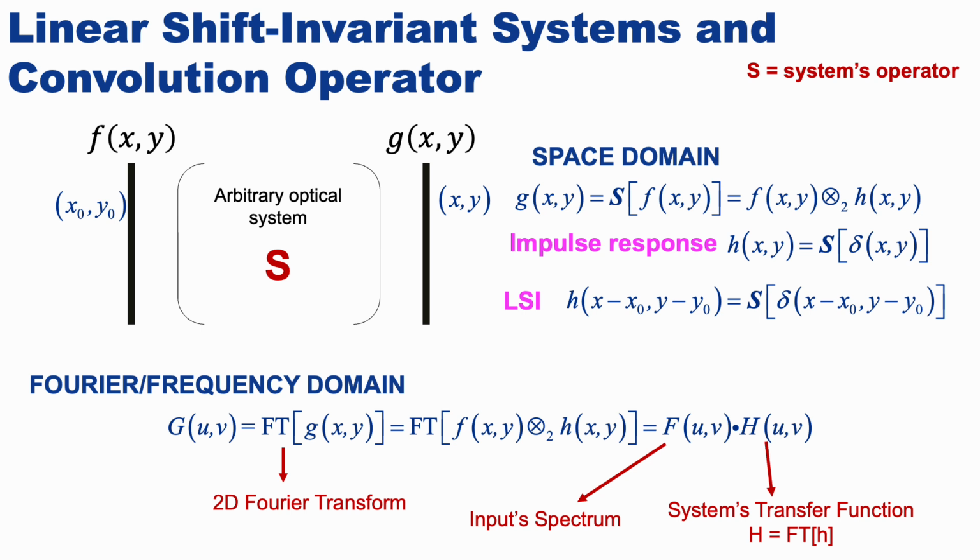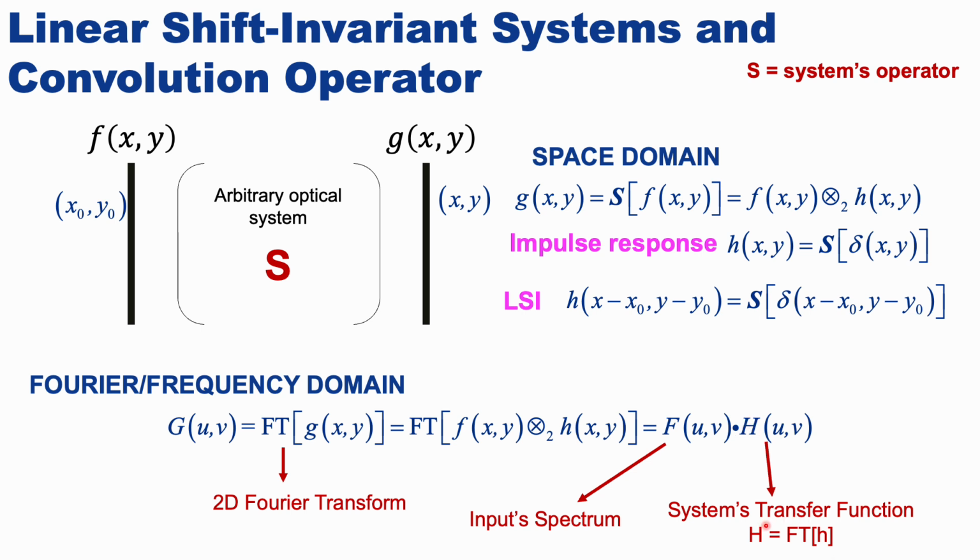this is the duality that is really important in Fourier optics, where you can analyze everything in the space domain. So you are in the space domain, you know that the output is the 2D convolution of your input with the impulse response, or you can go to the reciprocal, the Fourier domain, where you know that the output spectrum is the product of your input spectrum with a transfer function.